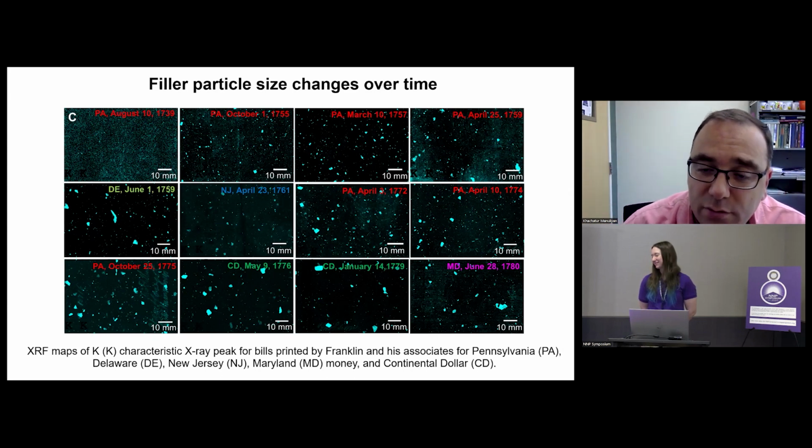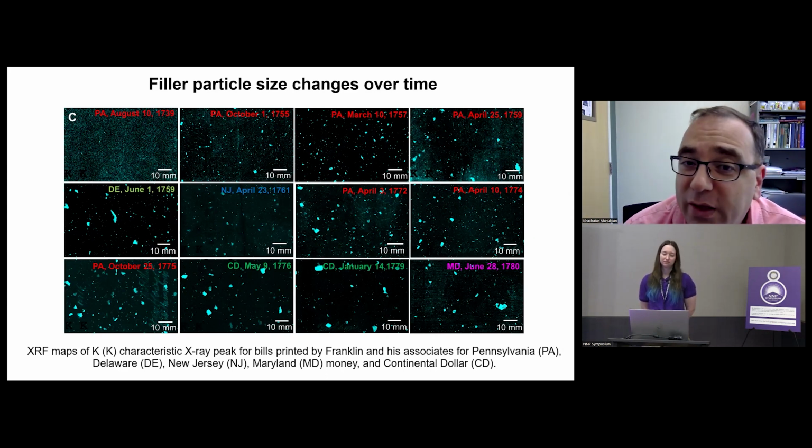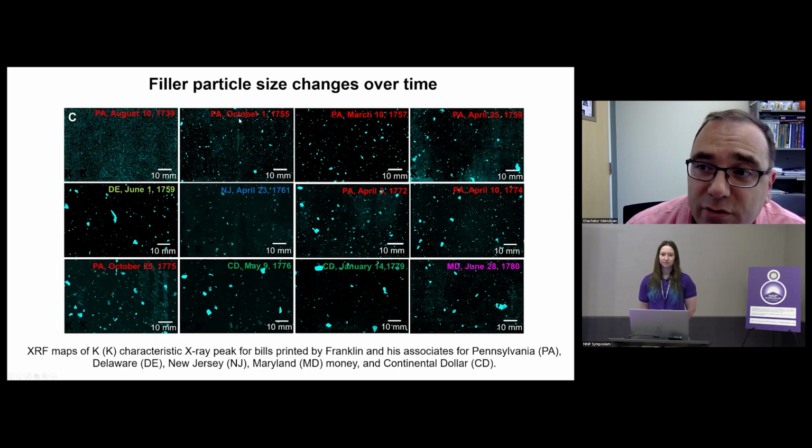I can comment on this. We don't know how they really made it at that time, but we can see from analysis very early on. Unfortunately, we don't have all of the bills that we would like to have. The first bills in which we see mica start from 1755, but we don't have the ones between 1739 and 1755.